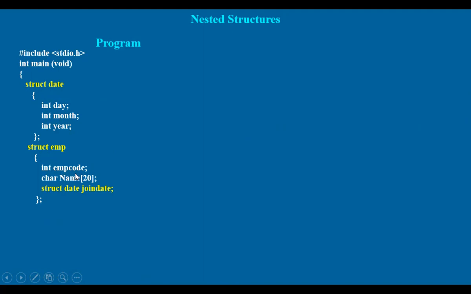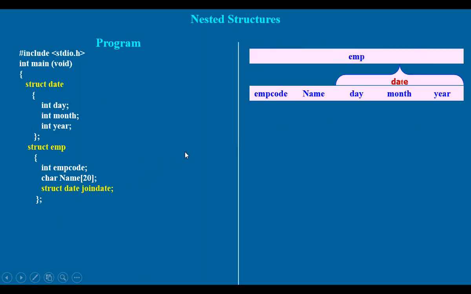Here you have EMP code, employee code, and name, and the date structure has a variable named join date. So this is the entire structure. This is the outer structure named EMP. It has 1, 2, 3 fields, but this particular field is a different structure named date, which has 3 more fields. So there are 5 fields in total in this outer structure.